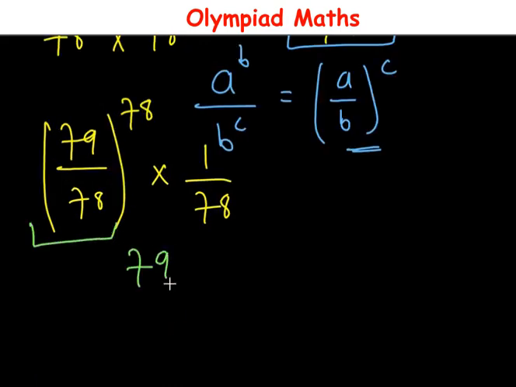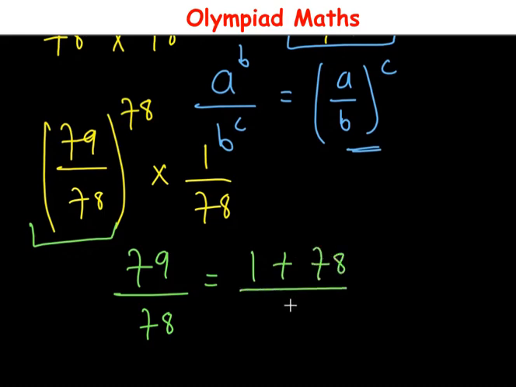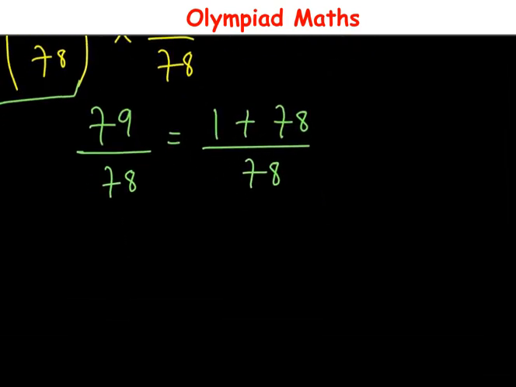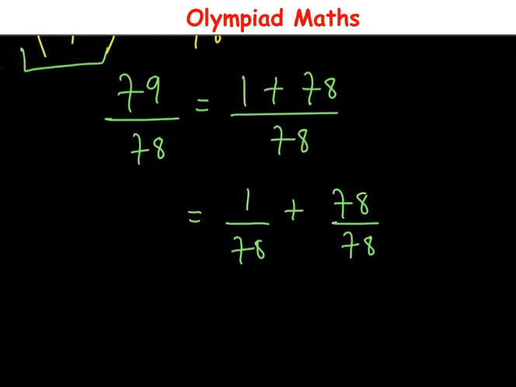With this, let us then simplify this value. We have 79 over 78, which can be written as 1 plus 78 all over 78. If we split this fraction, this can be written as 1 over 78 plus 78 over 78, and 78 over 78 is 1.